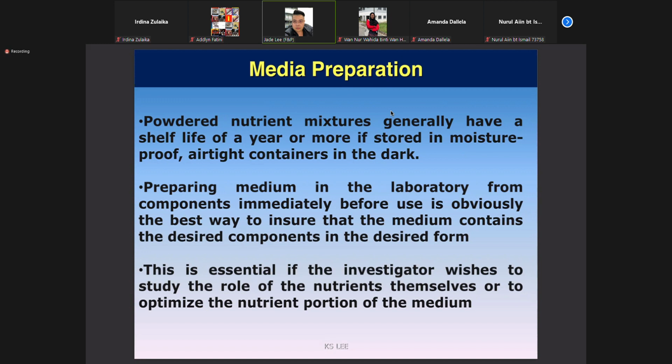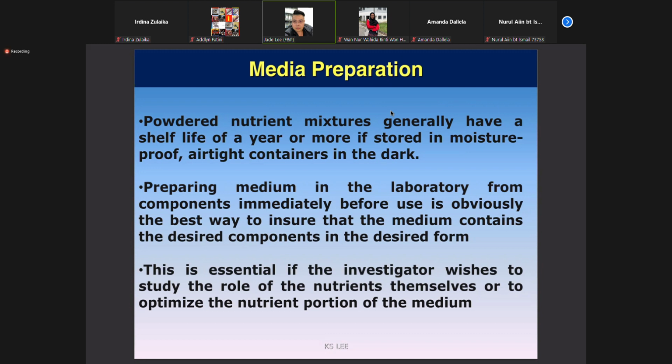So for example, if you want to understand the effect of the media on the growth of the cell, you probably have different media. You need to make sure that you prepare the media at the same time. You don't prepare one media a year ago, or maybe one media 6 months ago, and the other media now, and then compare the effect.